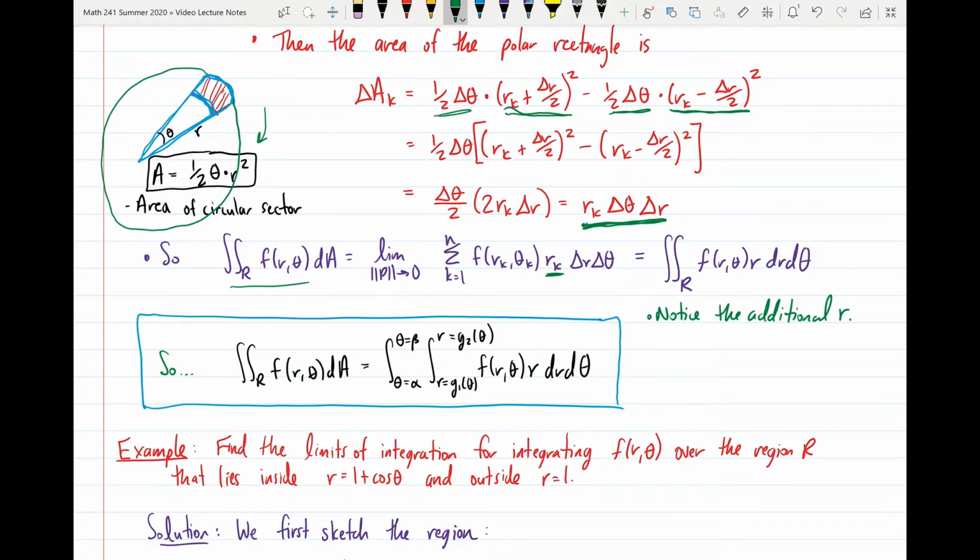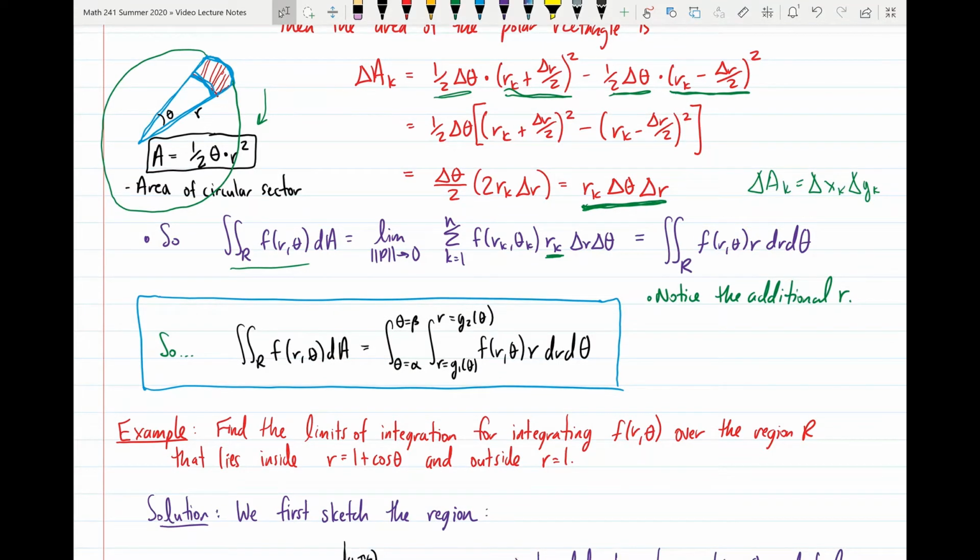So remember, for Cartesian coordinates, we had that the area was just equal to delta x times delta y. So there was no extra variable that came out in front of that. But now we have this extra r sub k that's coming out in front of the expression for the area, and that carries into the Riemann sum.